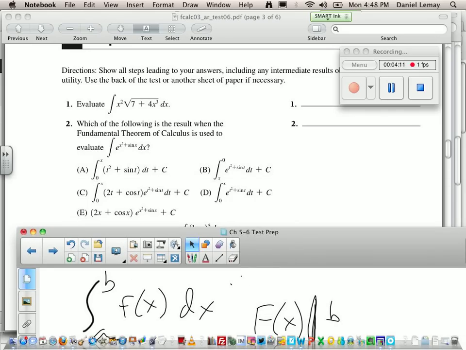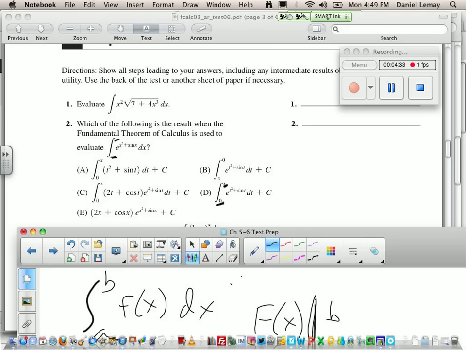So if we go back and look at that problem now, which one of these choices replaces it? There are no bounds here, and then they write some bounds, and now we know that as soon as we make it a definite integral, we're going to have to evaluate it.